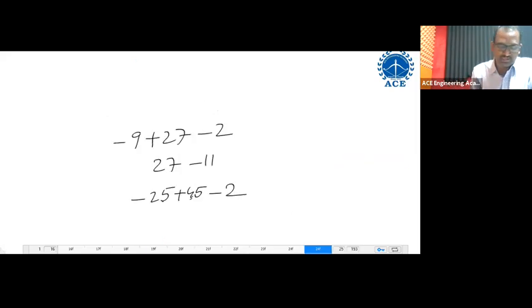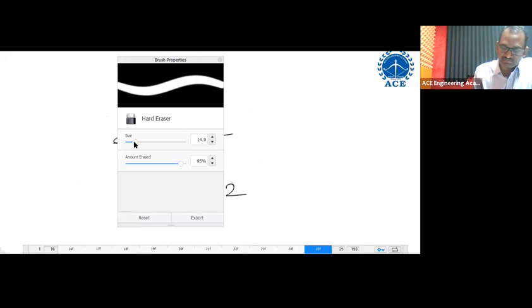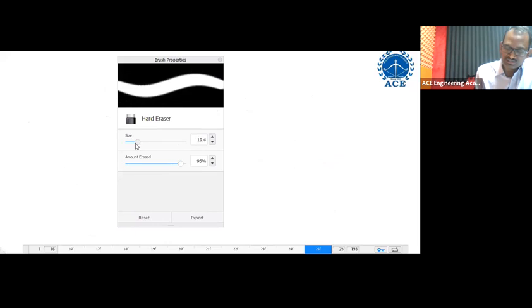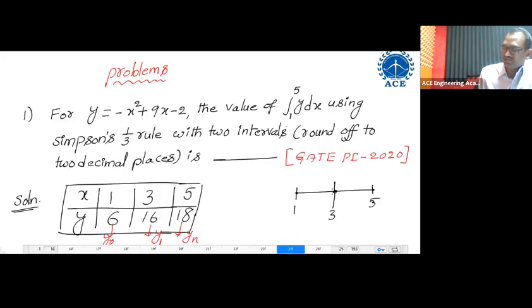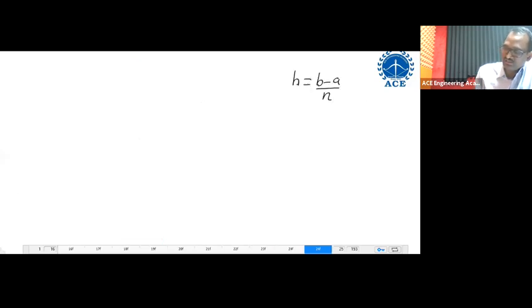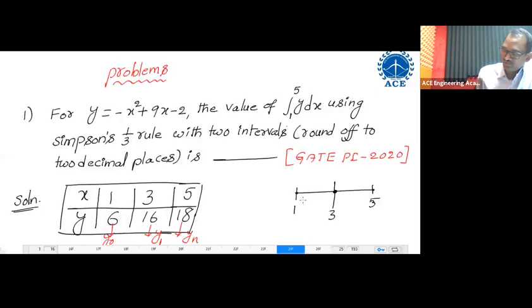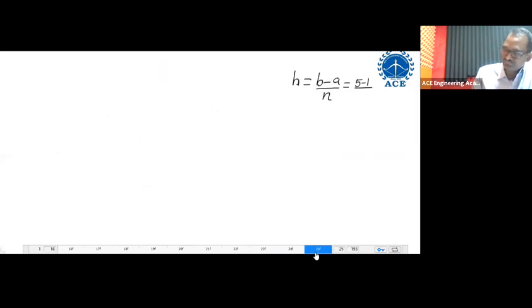If you don't know the subinterval length, you can use the formula: h is equal to b minus a by n. It is clearly visible: 1 to 3, gap 2 units; 3 to 5, gap 2 units. So h value is 2. Or apply the formula: 5 minus 1 by 2 subintervals, 4 by 2, that is 2.